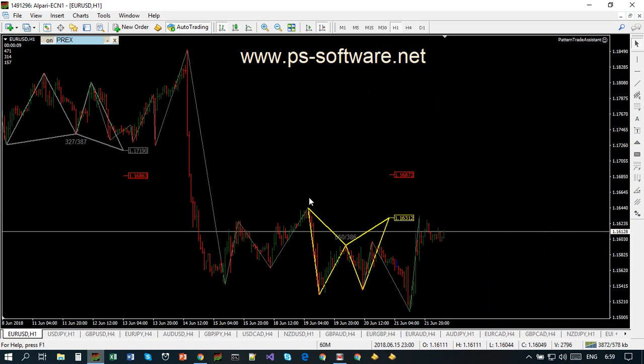I checked multiple algorithms. I also talked to a large number of pattern traders, and I was interested in what type of algorithms they use to identify these legs. I came to the conclusion that there are two main types of algorithms, and I call them oscillator-based algorithms and price extreme-based algorithms.